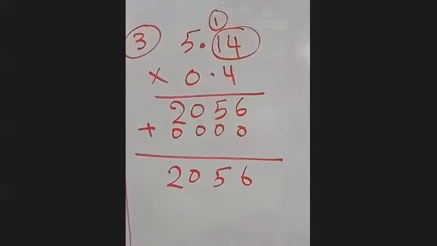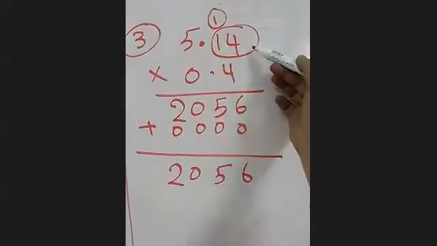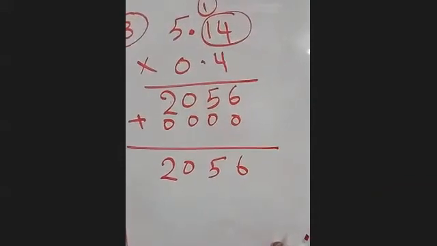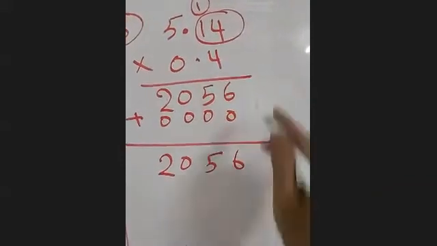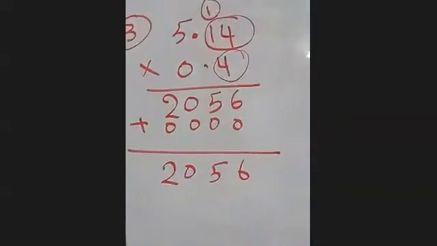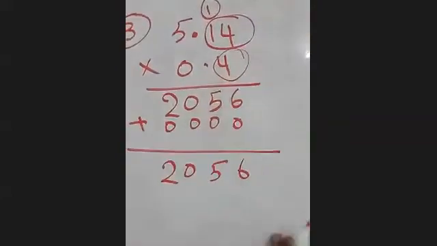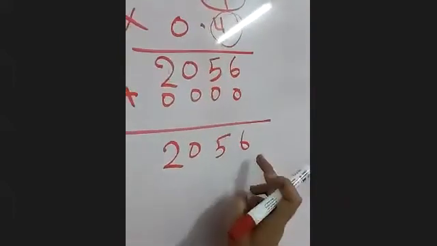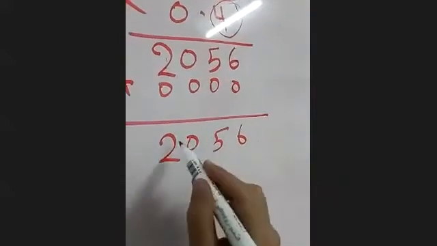How many digits here after the decimal? 2. And here? 1. Together, 3. From 6, count 3 digits: 1, 2, 3, then put your decimal.